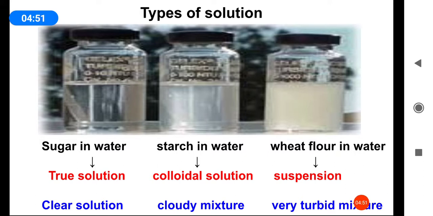This mixture is called a suspension. So, on the basis of the size of the particles, solutions are of three types: true solution, colloidal solution, and suspension.